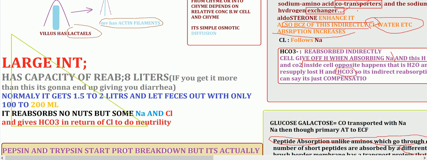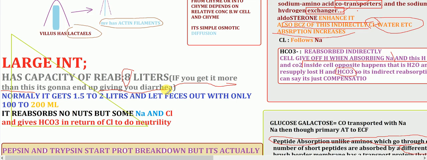It's quite easy. It has a capacity of reabsorption of about 8 liters, and if you get more than this, it's going to end up giving you diarrhea. That means the large intestine can reabsorb only up to 8 liters of fluid.